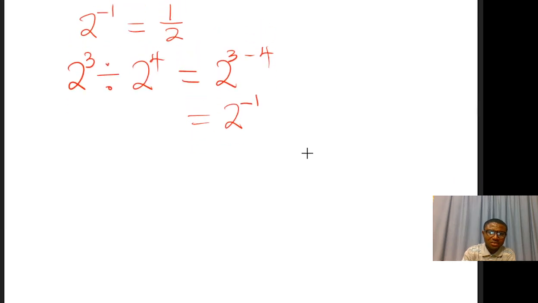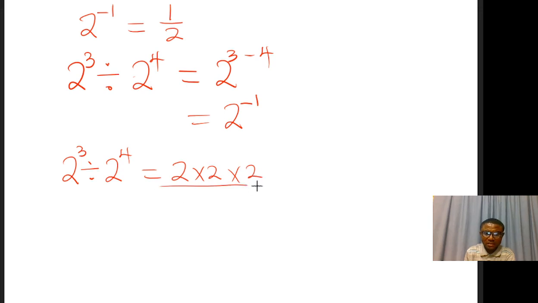So let's still use the other method to solve this. We have 2 to the power of 3 divided by 2 to the power of 4. This will give us 2 times 2 times 2 divided by 2 times 2 times 2 times 2, right?